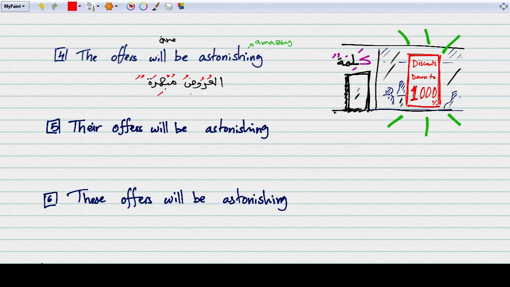Okay, I just mind my quick handwriting sucks sometimes. العروض مبهرة. So this means the offers are astonishing. So مبهرة, astonishing, that's the word I'm targeting.